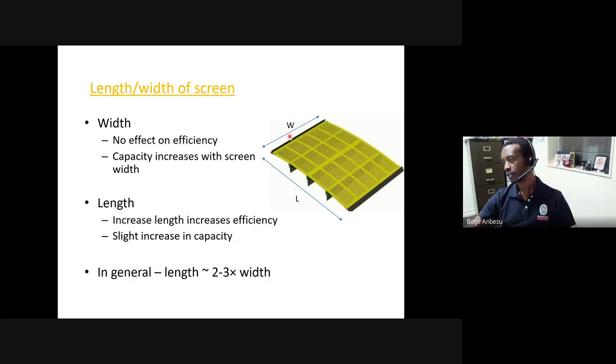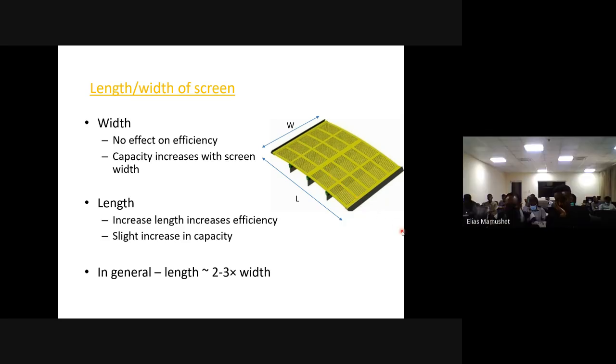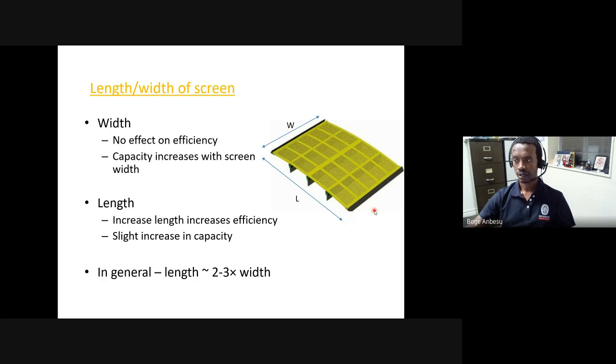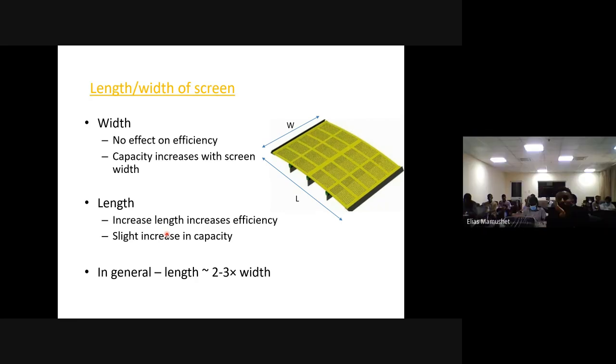If it is really long, particles spend more time on the screen surface, so my efficiency improves significantly. But on the downside, of course, capacity decreases. The width obviously increases capacity, but usually doesn't have much effect on the efficiency of a screen.